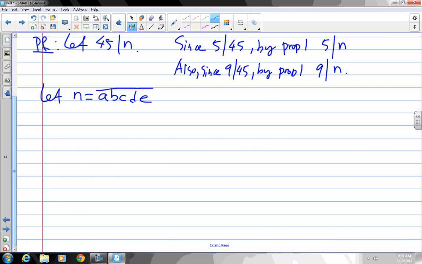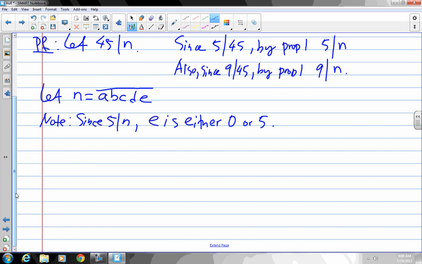So there are only 2 options for E. E is either 0 or 5, as you said, since 5 divides n. So the last digit has to be 0 or 5, okay?